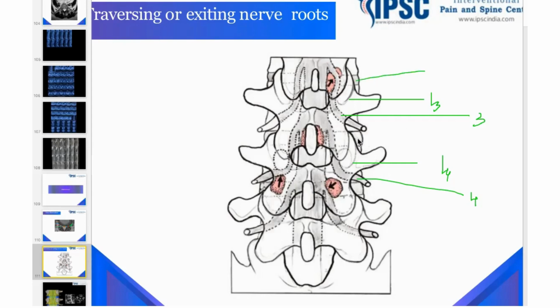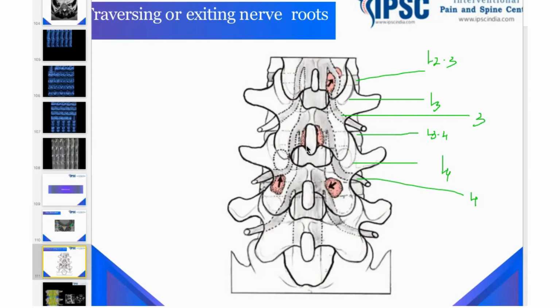Because now we are talking in terms of this disc. We are not talking about this disc. Now we are talking about the L2, L3 disc. This is exiting for the L3, L4 disc. But for L2, L3, L3 is a traversing root.